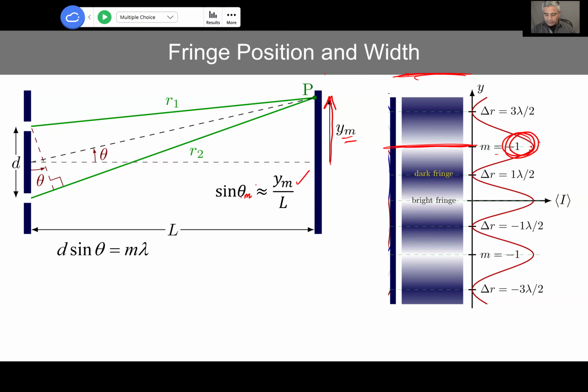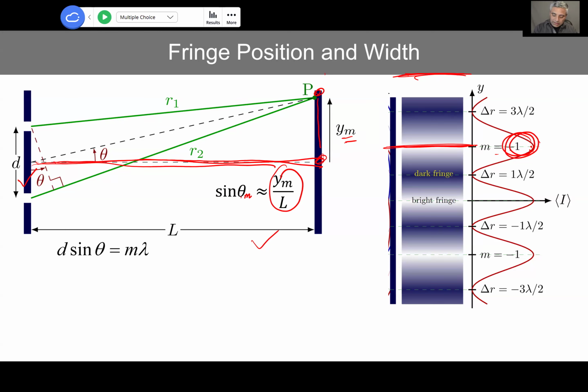So maybe we could even write sine theta_m is y_m over L. Why am I writing something like this? L is this distance here, the separation between the screen and the slit. And y_m is the position of the bright spot, or could even be a dark spot, we are interested in. But since we are measuring from the center, most likely we are looking at the bright spots here.